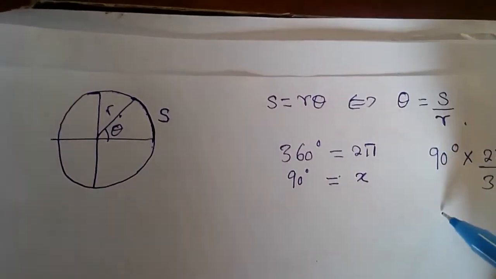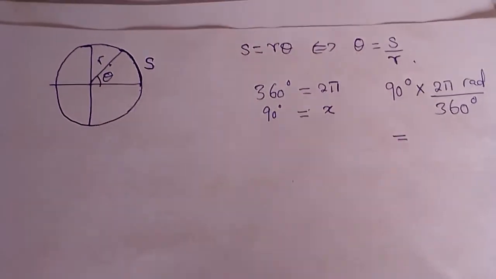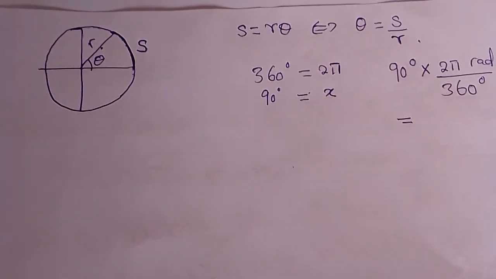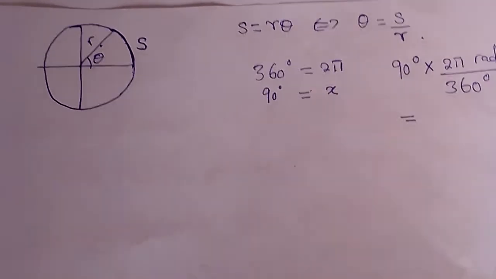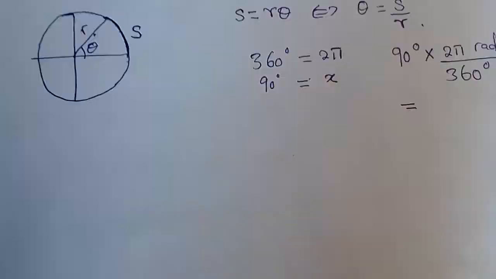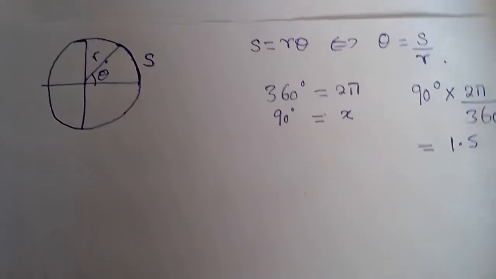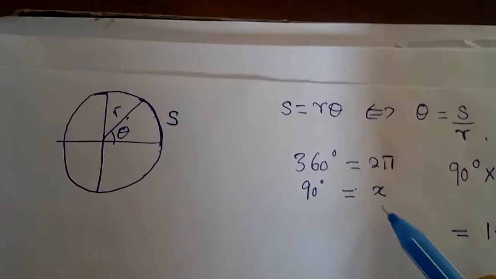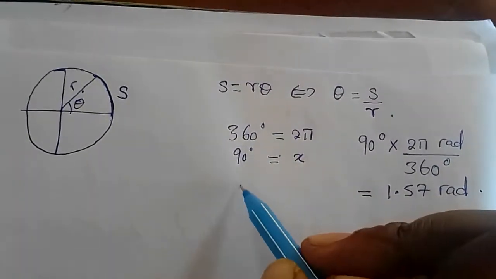So we end up with 90 multiplied by 2 pi, which is 565.48, divided by 360. This will give us 1.57 radians.